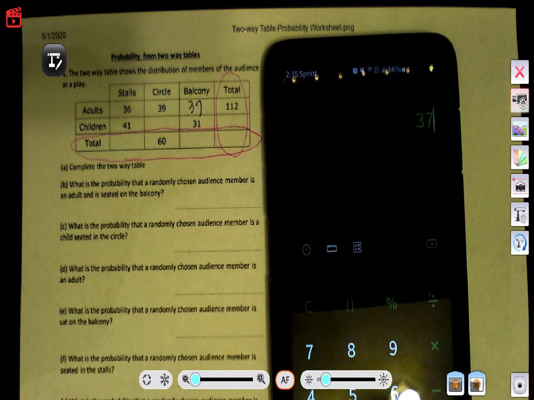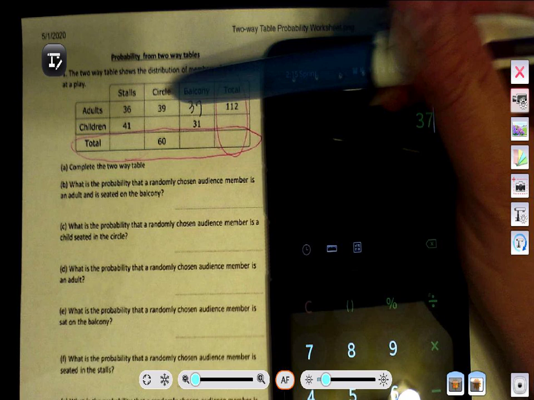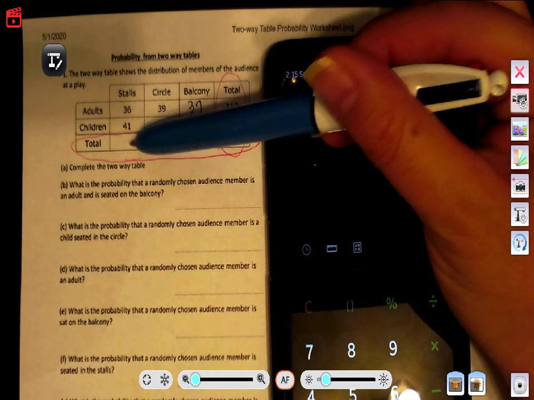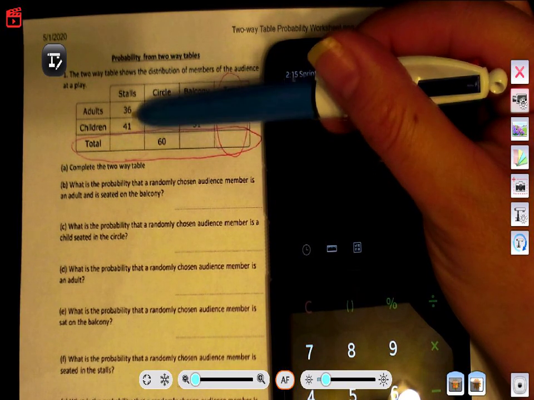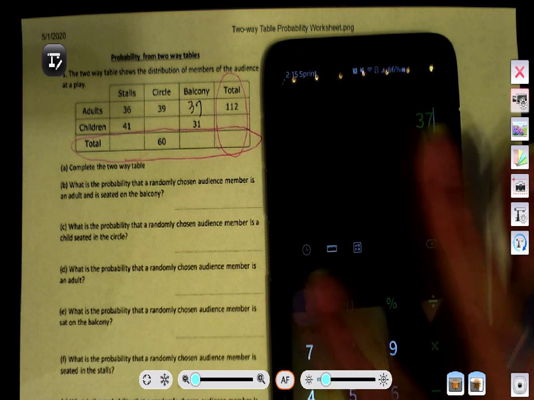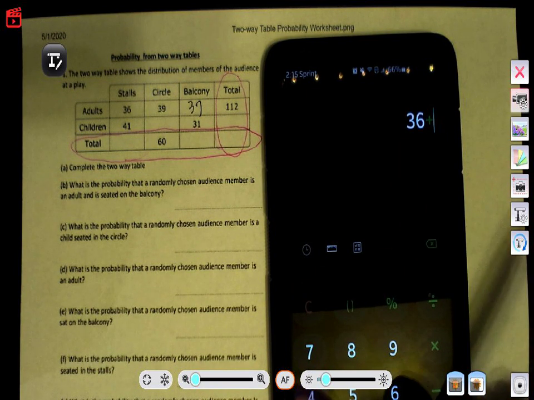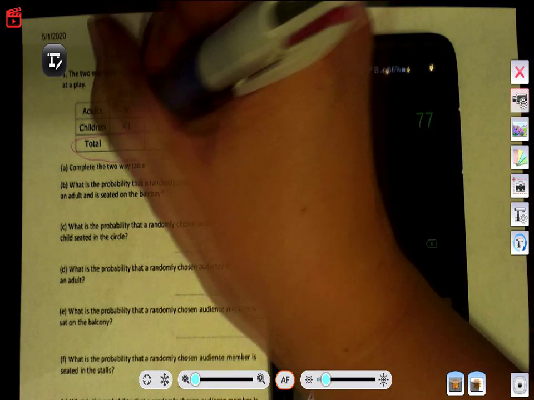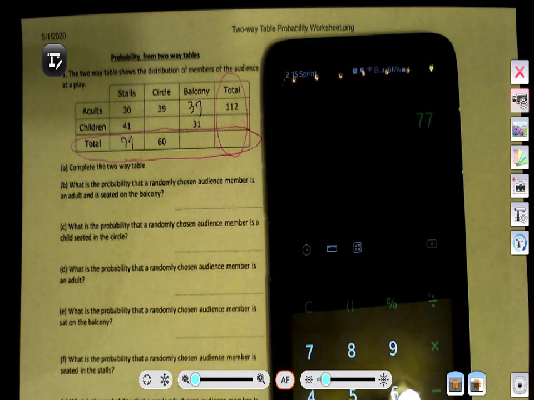Okay, I'm not going to fill out the whole entire thing, but actually, you know what? Why don't we? Let's look at this number that's missing. That's the only total that's missing, and it's a total of the stalls. So if I do 36 plus 41, I have a total of 77 people.